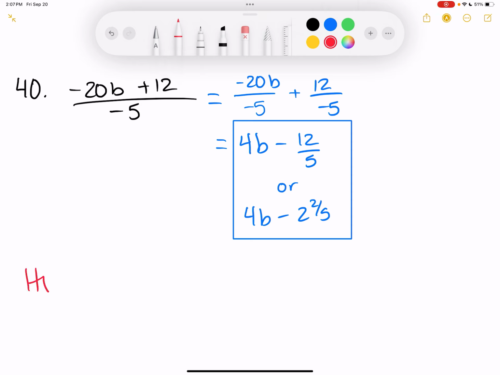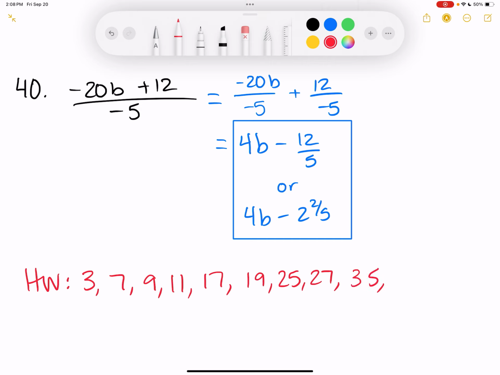Problems are 3, 7, 9, 11, 17, 19, 25, 27, 35, and 37.